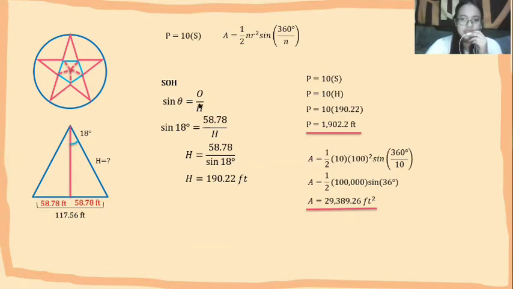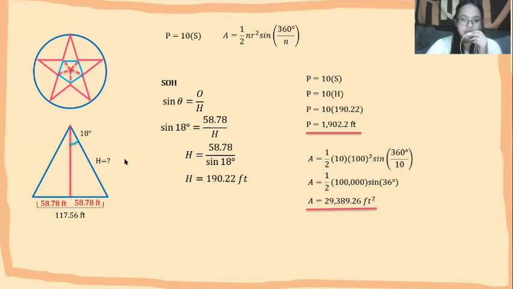So sine theta is equal to opposite over hypotenuse. So we have sine 18 degrees, the theta is already given, is equal to the opposite, 58.78 feet, which is half of our side, over the hypotenuse.